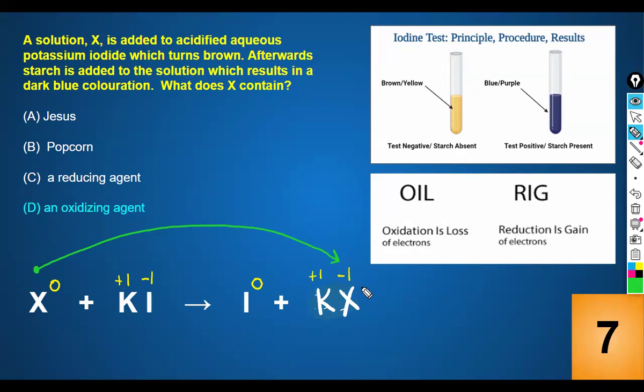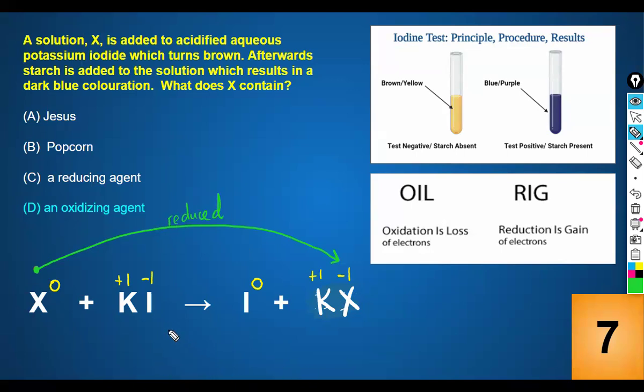Remember, when a charge gets smaller, that's reduction, hence the name reduction. If the charge gets larger by value, it's oxidation. So 0 went to -1. We all know -1 is less than 0. So it was reduced.